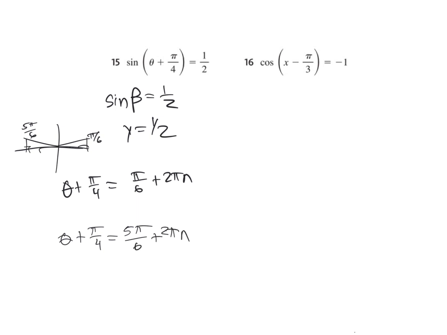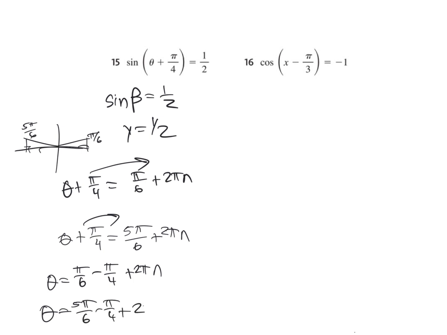So now we're going to subtract pi over 4 to this side. So the first one here, we have theta equals pi over 6 minus pi over 4 plus 2 pi n. And then we have theta equals 5 pi over 6 minus pi over 4 plus 2 pi n. Common denominator is 12, multiplied by 2, multiplied by 3. Same thing down here.